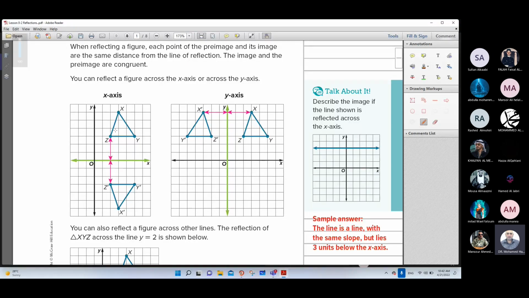Across x-axis, this is the pre-image and this is the image. When you have reflection, as you see, we get the same figure, but we have the opposite direction. Here the x is up, here the x is down.